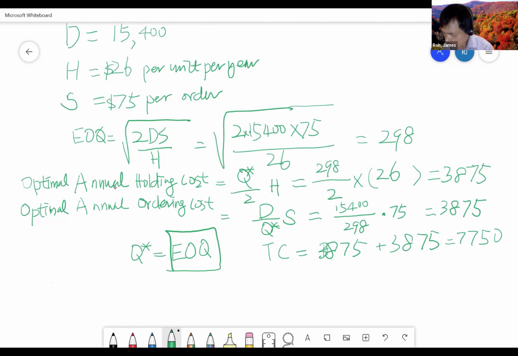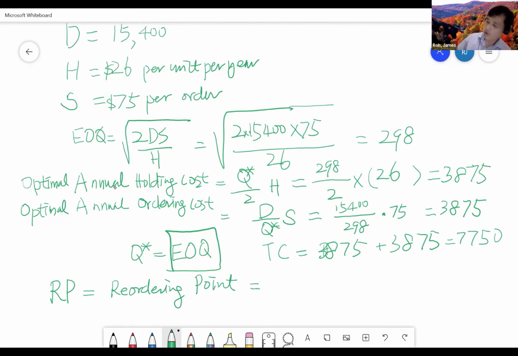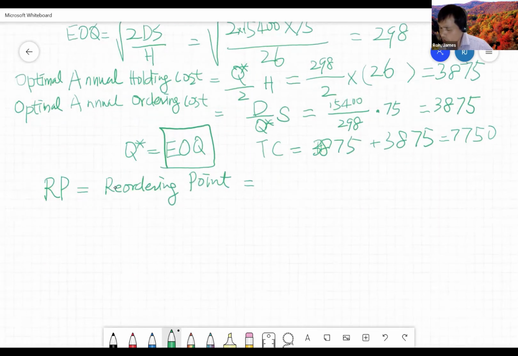Now we have RP. What is RP? RP is reordering point. Reordering point is when do we need to order it again? That's what it means.